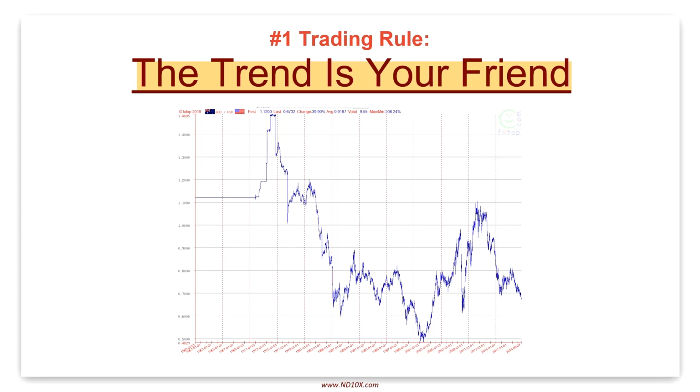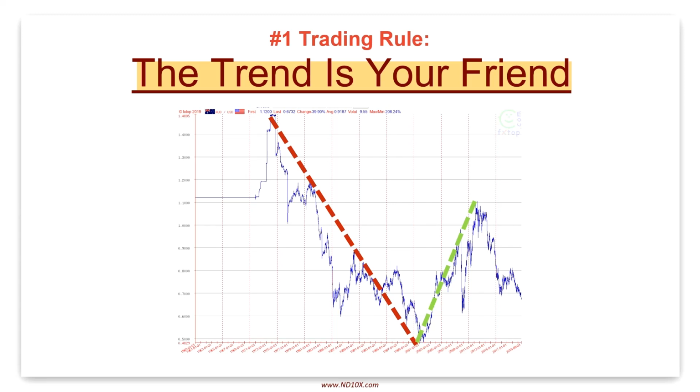Here is the Aussie dollar. Now we can see here that we moved nicely lower. After that, let's say from 2001 till 2012, 2013, we were moving higher. But that trend didn't last a day or two, it lasted for more than 10 years.